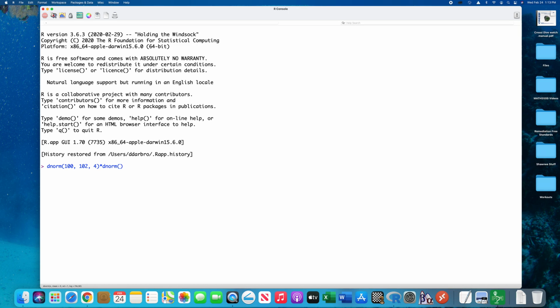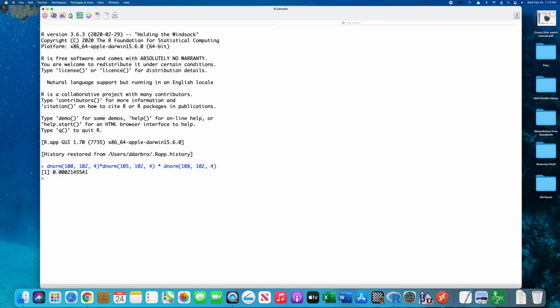I'm going to repeat that for the second. The second data point was 105, right? And then 108 is the third data point. Again, proposed mean of 102, standard deviation of 4.